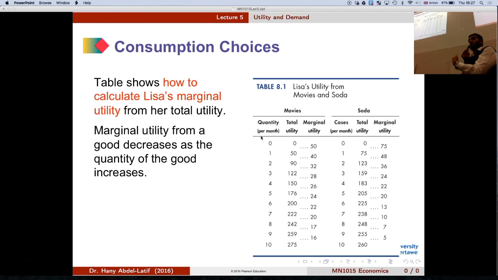The change tells you the marginal utility, which is the contribution of the third movie. If you understand what marginal utility means, that's the whole idea here. The total utility increases when you increase your consumption, but the marginal utility decreases. Remember, that's the principle of diminishing marginal utility.